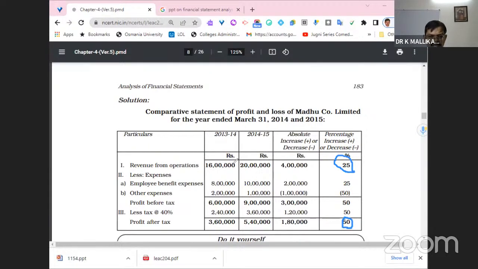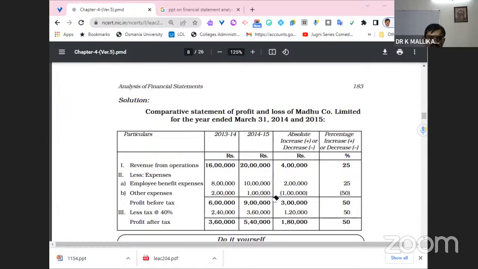Last year 16 lakh sales, this year 20 lakh sales. The difference is 4 lakhs, which in terms of percentage is 25%. Profit after tax earlier was 3,60,000, now 5,40,000. The difference is 50% increase. Similarly, we calculated this.